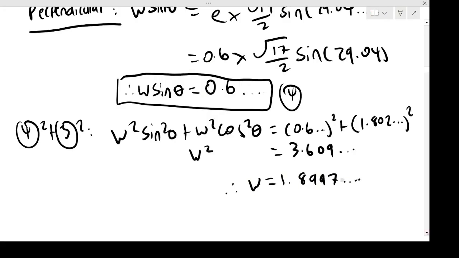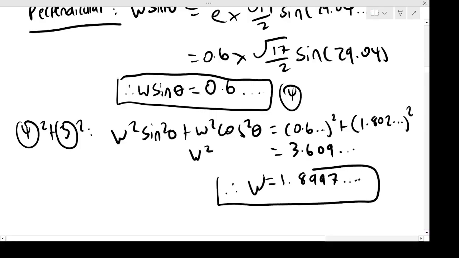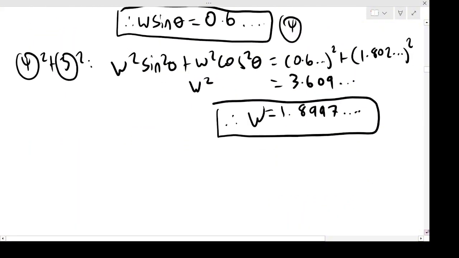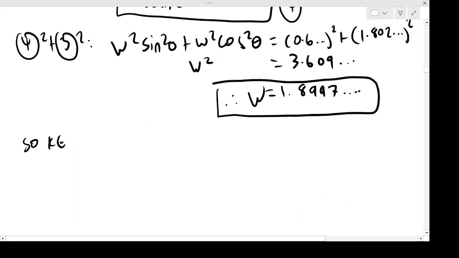Okay, and that's my value for w. Then I can work out the kinetic energy. So if this is the speed after the second collision, I can work out the kinetic energy after the second collision. So KE after second collision, well, that's going to be half mv squared.